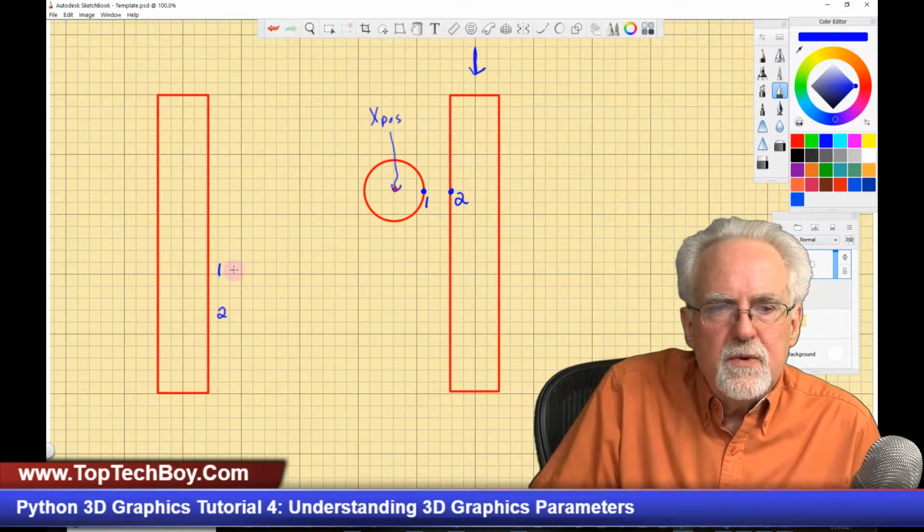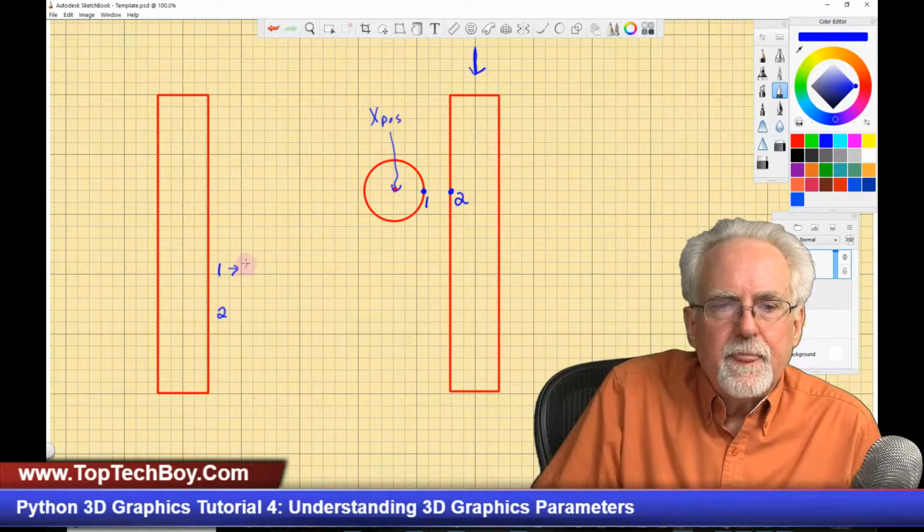All right, so now I need to call that point 1 something. Okay, I'm going to call it the X, because it is in the X direction, and then it is the right marble edge: X right marble edge.